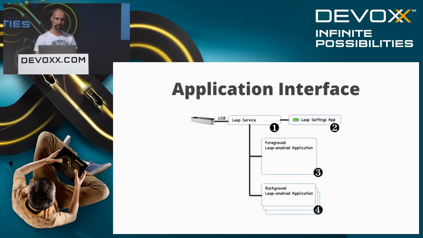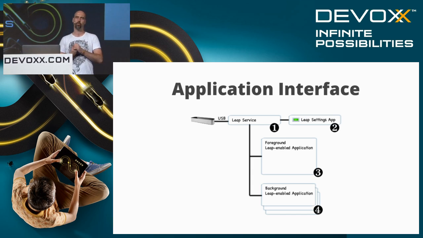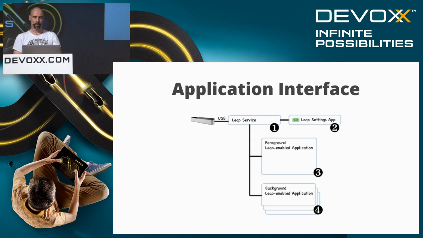So how do you get, and I really like this architecture that they came up with. The problem that they had is, how do you allow people to build native apps and also web apps with a single device that is connected over USB and then be able to connect all these services at the same time? And so they've got a Leap service running, which is a background application that allows you to get the information straight to the language bindings that are supported.